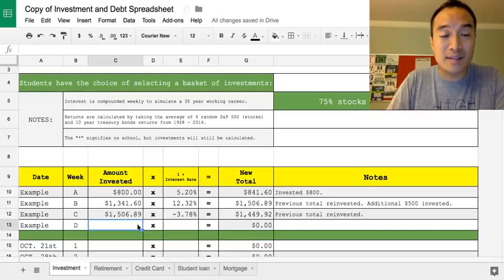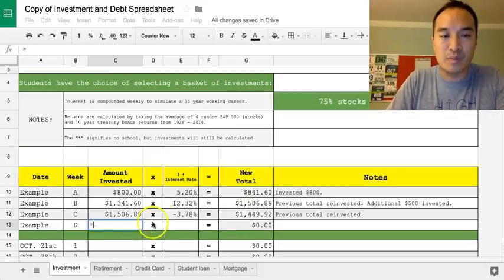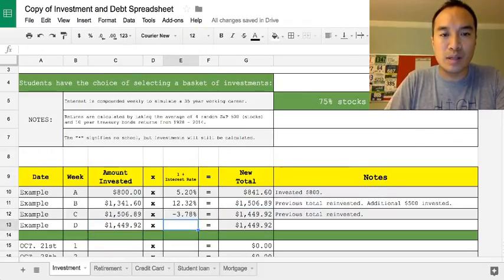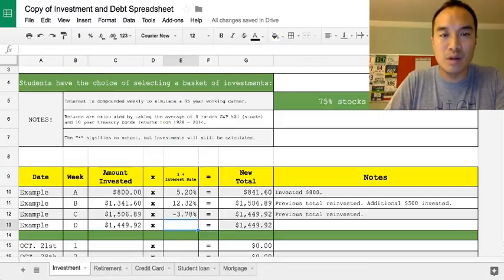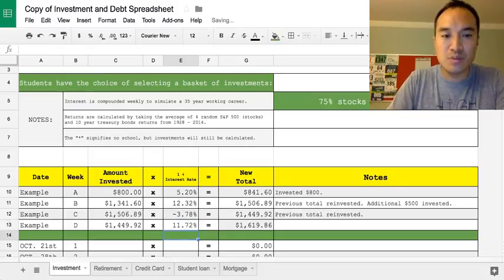All right, this last example, week D, as in dog, we are actually going to withdraw some money. So let me show you how to do that. Let's take our new total from the previous week, hit enter. Our interest rate, we're going to get here. Now it moved on to 11.72.